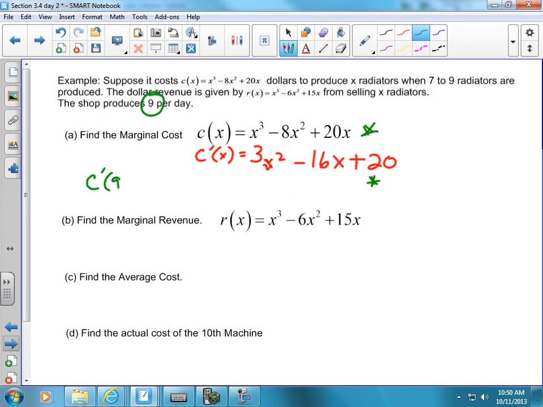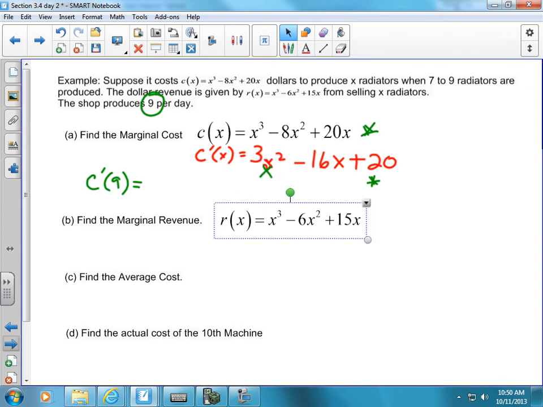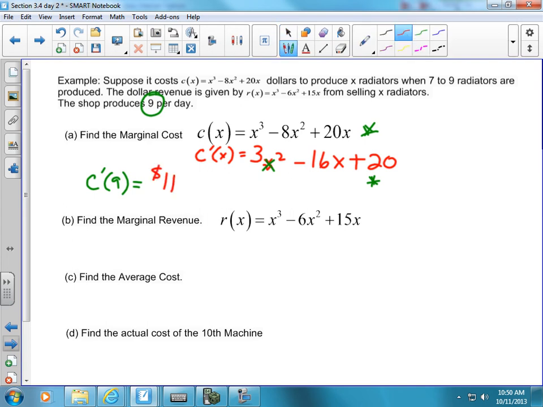So the derivative at 9 equals, make sure you plug in the values. This should be an x. And plug in the values, and you get a marginal cost of $119 per unit. Check my math on that.